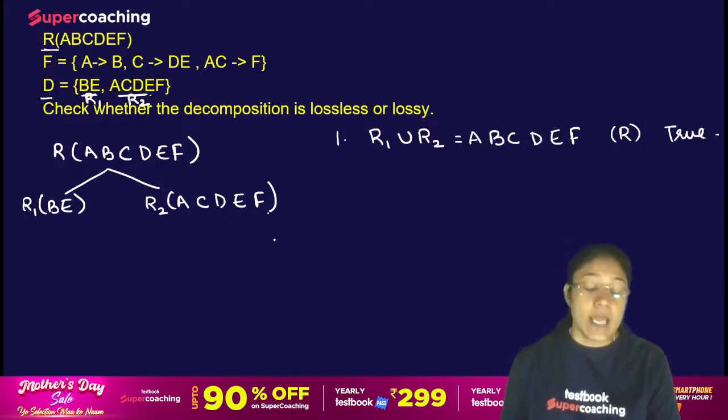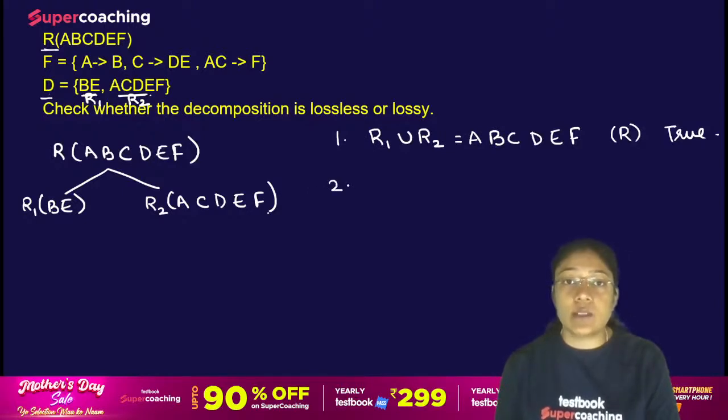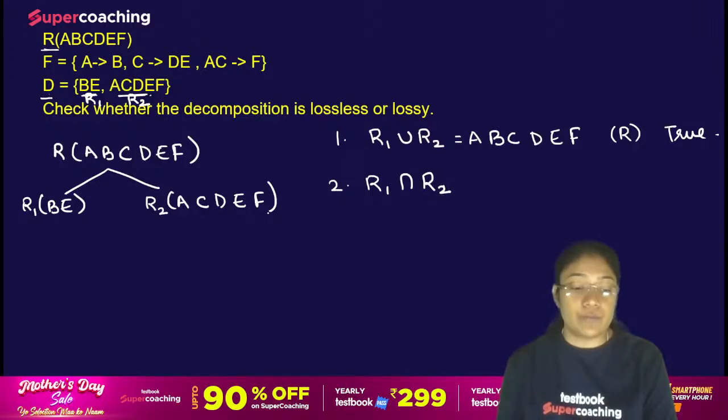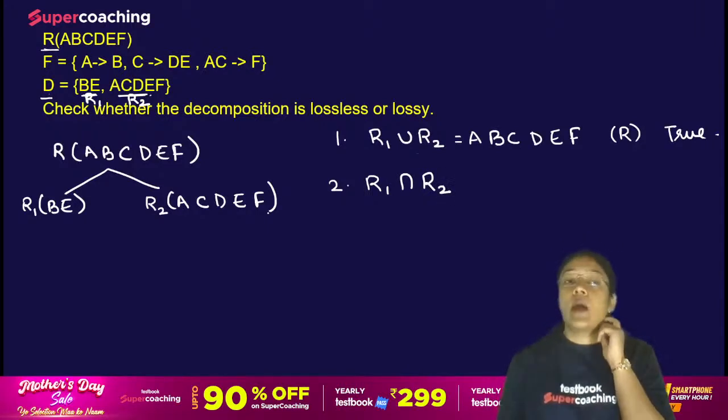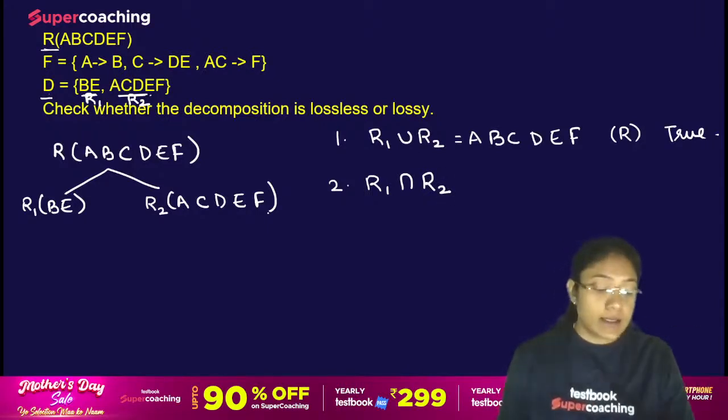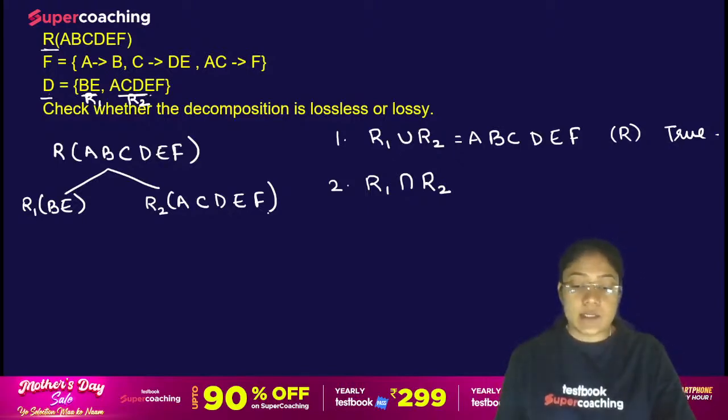Yes? Now check for the second condition. What is the common attribute? Is there any common attribute? R1 intersection R2. Quickly write the answers in the chat section. एक दो questions आप मेरे साथ करोगे उसके बाद independently करोगे. Is there any common attribute between R1 and R2?